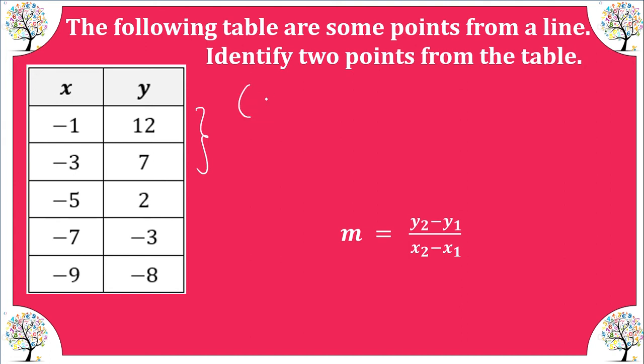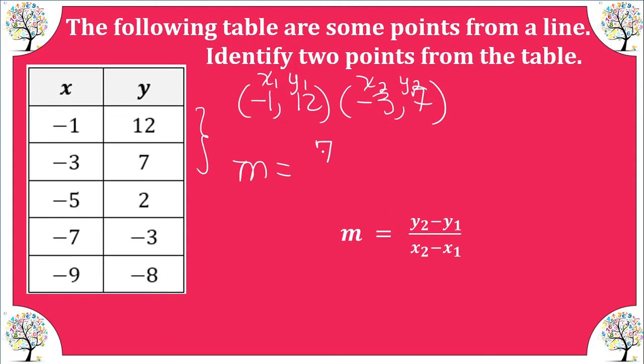We have a line that passes through -1, 12, and it passes through the point -3, 7. And we want to know how steep that line is. And so we have the vertical change of 7 minus 12, and the horizontal change of -3 minus -1.